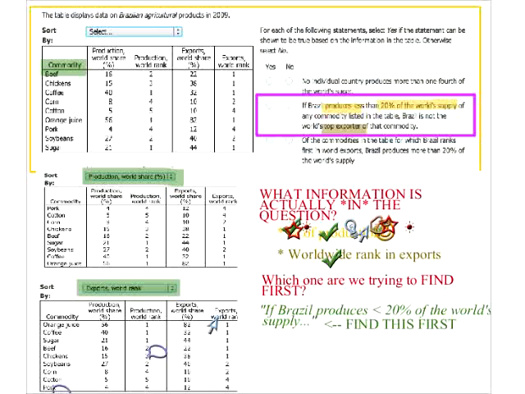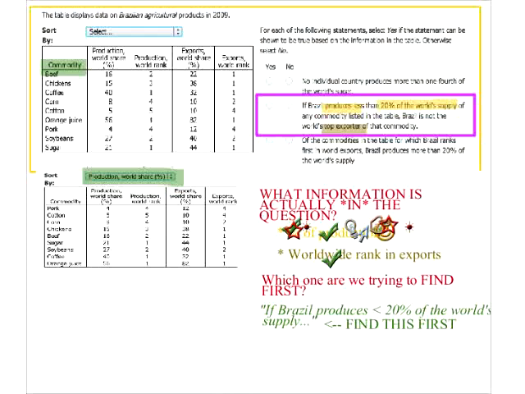The statement is not about being the top exporter in the world. The statement is about this. So we should arrange by share of production again, and then we should cut off all the points where it's 20% or more. So we're looking at the parts that are less than 20%.